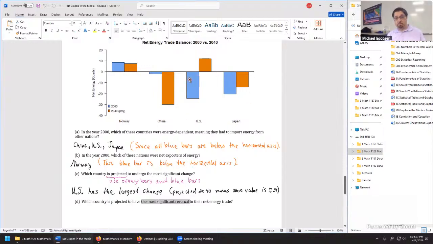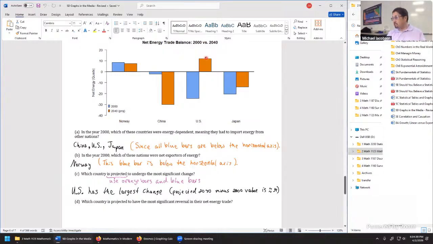There's only one country whatsoever with an actual reversal, and that was US, being massively, majorly energy dependent in the year 2000, probably because of major oil imports, to projected being an energy independent exporter of energy in 2040.